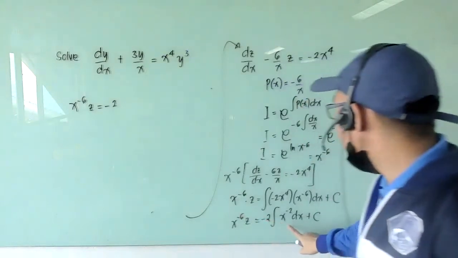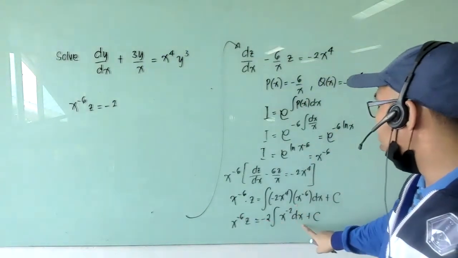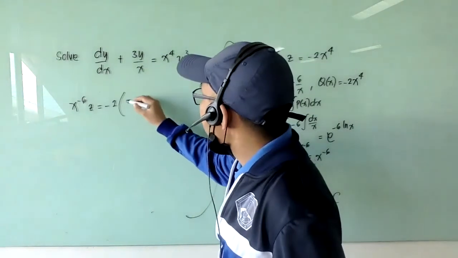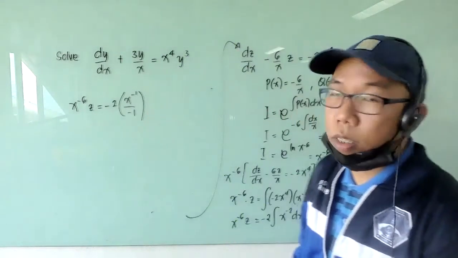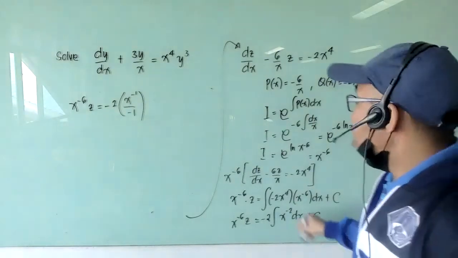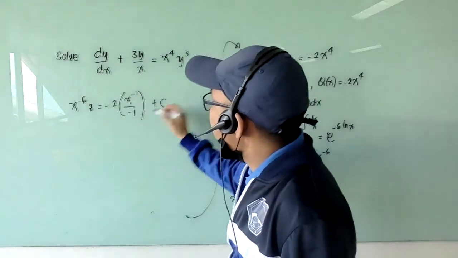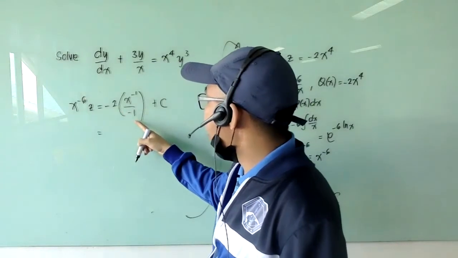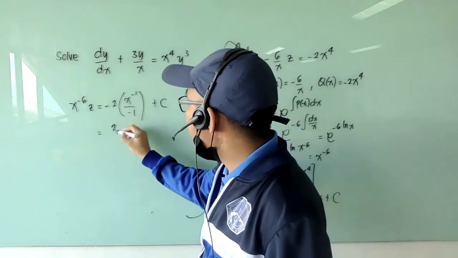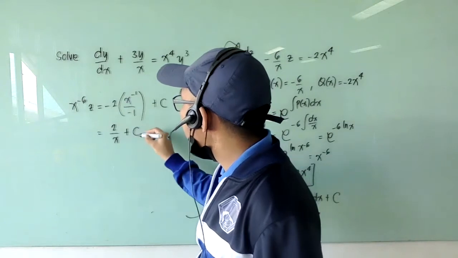The integral of x raised to minus 2 dx is x raised to negative 1 over negative 1 by the power formula, and then plus c. So the right-hand side will be negative 2 times negative, this is positive, and this becomes 2 over x plus c.